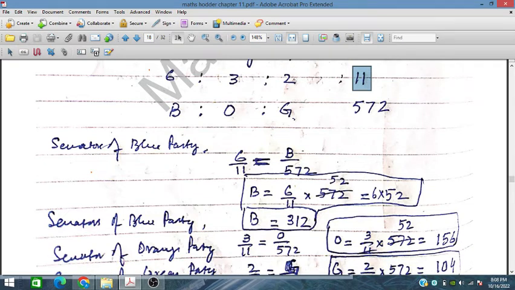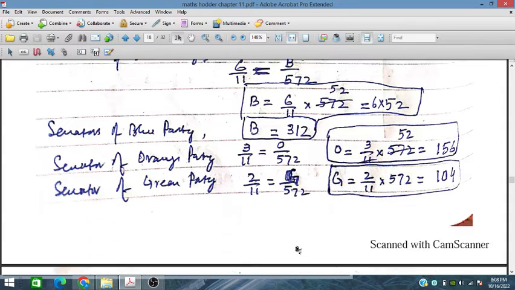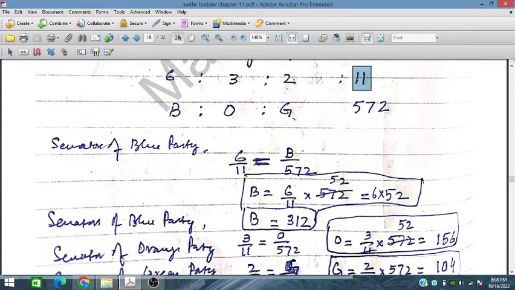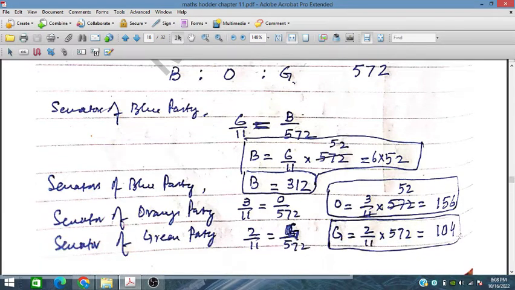Similarly for the last one, 2 by 11 and green by 572. So this is 104. When we add all these, we get 572. So blue is 312, the largest, orange is 156 and green is 104.